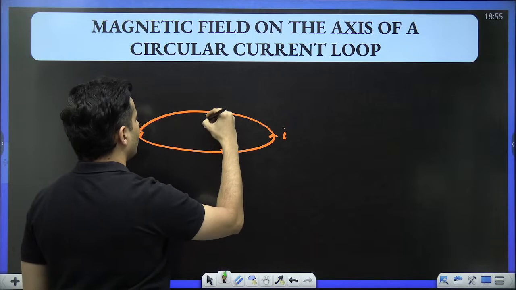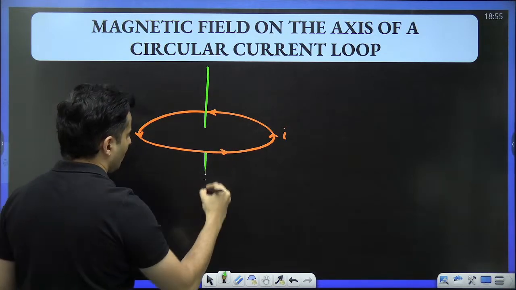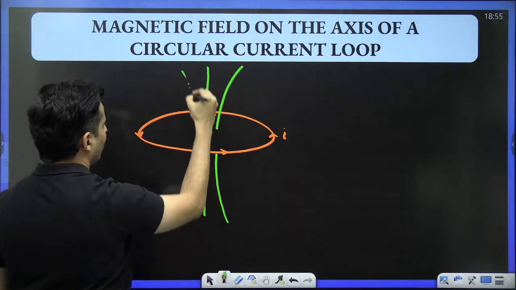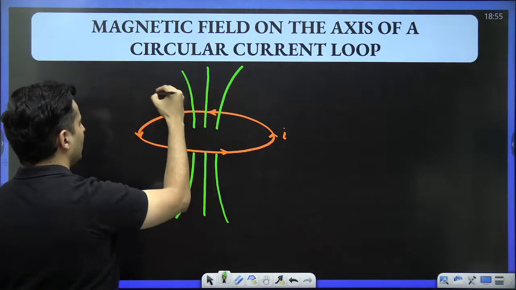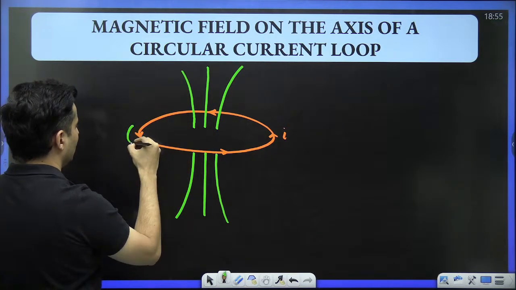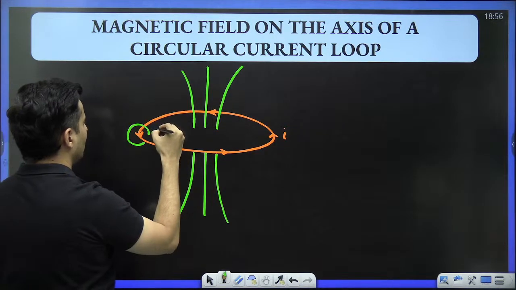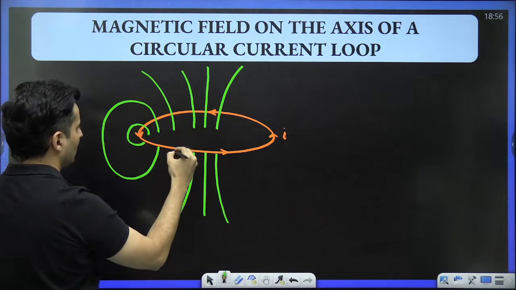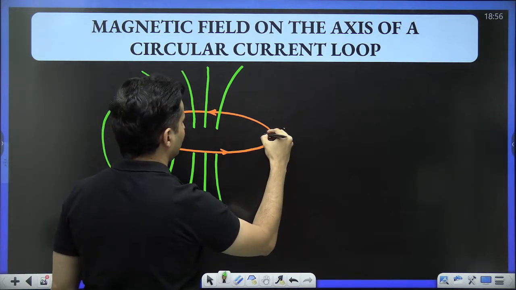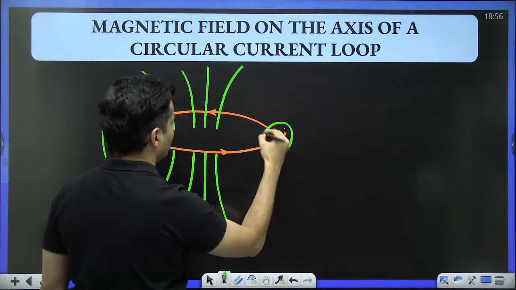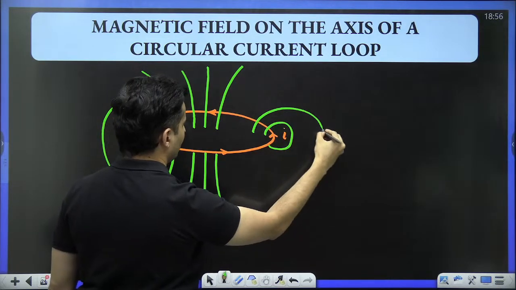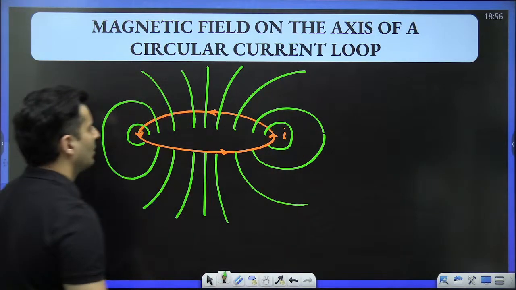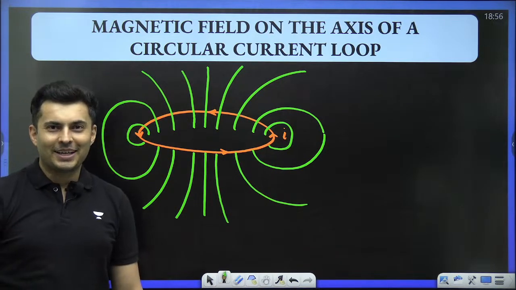It will go like that. Something like this. This is how the magnetic field lines look like.